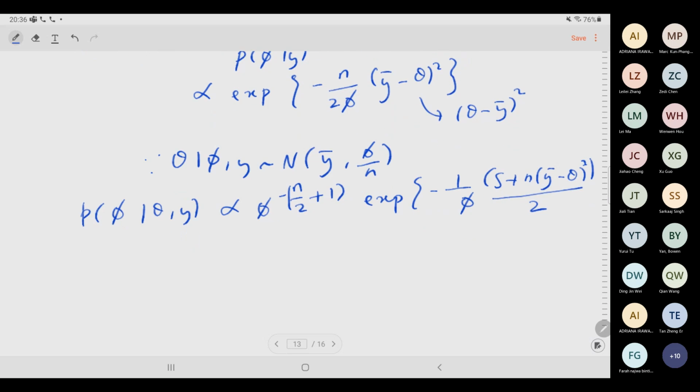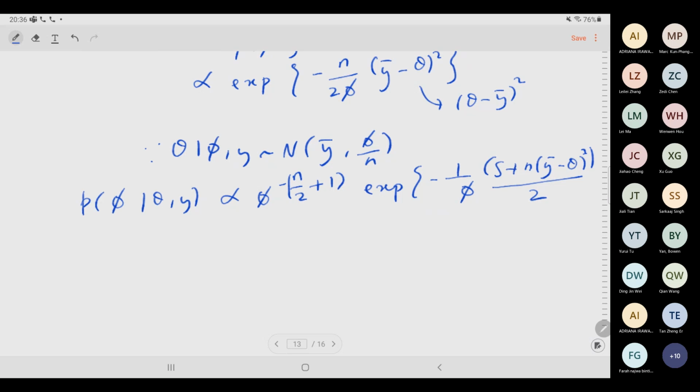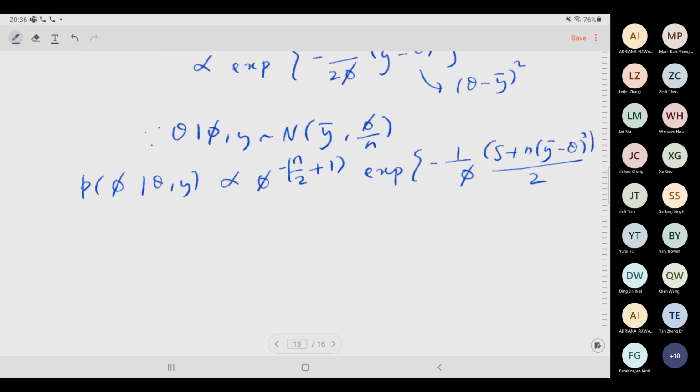If you look at this, you should recognize that this is the kernel of an inverse gamma. So phi given theta and y actually is an inverse gamma. So this is phi to the minus alpha plus 1, where your alpha is n over 2, and you have the exponential of minus 1 over phi times your beta. So this whole thing is your beta.